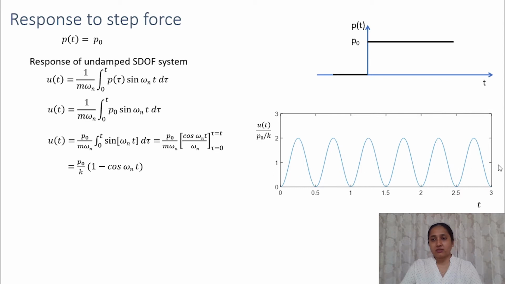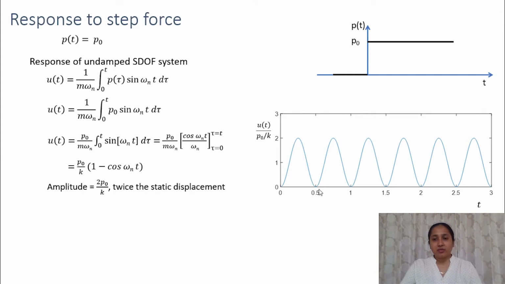That means it is oscillating about the static deformation position. It is not oscillating about 0, that is, its original equilibrium position, but it shifts by p naught by k, the static deformation, and oscillates about that position.